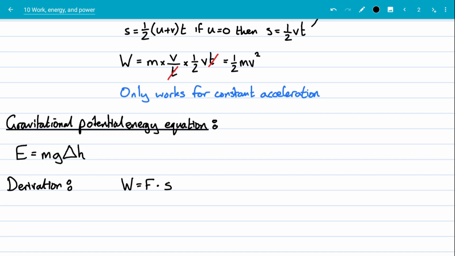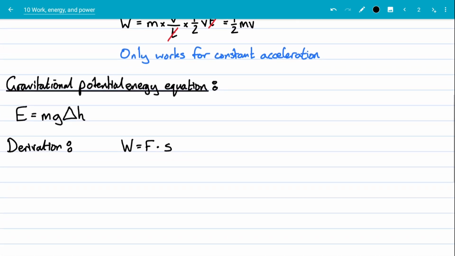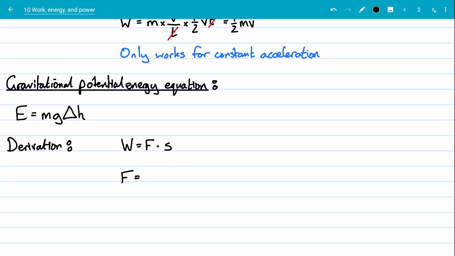And this time, the force is the force of gravity. So we're going to say the force of gravity is equal to mg. And the displacement of the object, if we're lifting the object up, is the difference in height of that object. It has been displaced through a certain amount as we've lifted it up.